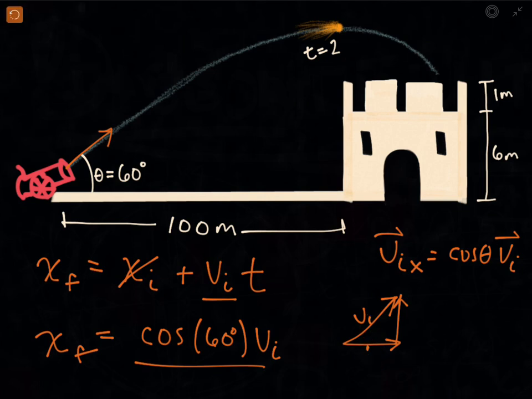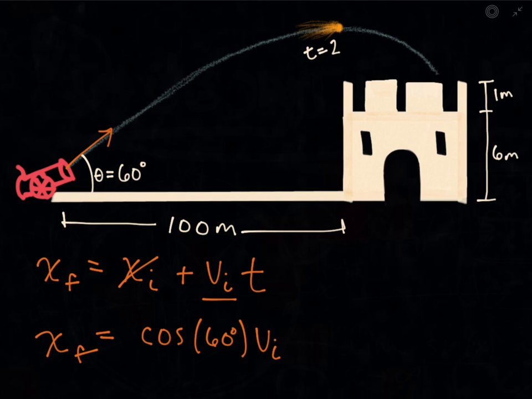So we have our initial velocity in terms of our angle, and we also have time. In this case, time is t equals 2 seconds. Initial velocity times 2. And we know that our final position is actually 100 meters away.